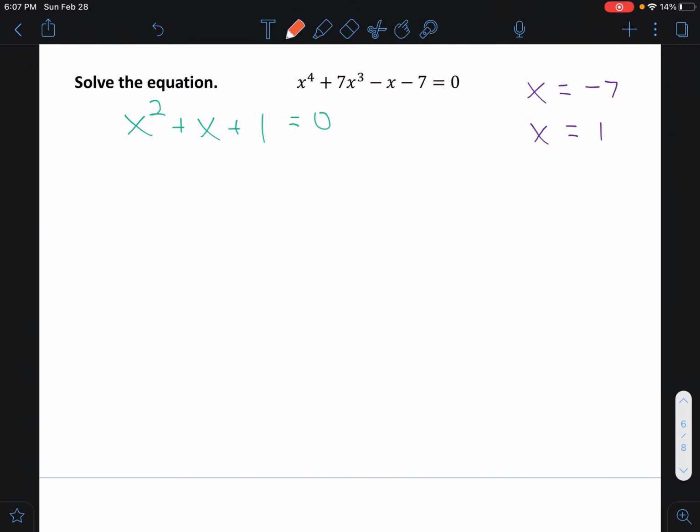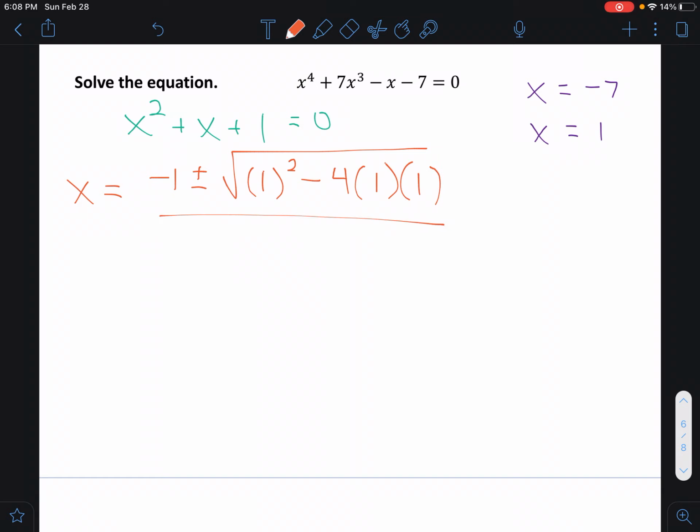So let's see. X equals opposite of b plus or minus the square root of 1 squared minus 4 times a, which is 1, times c, which is also 1, all over 2 times 1.